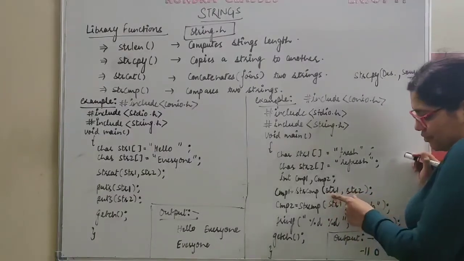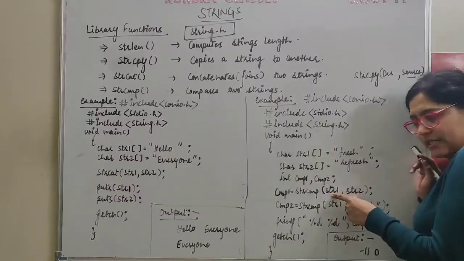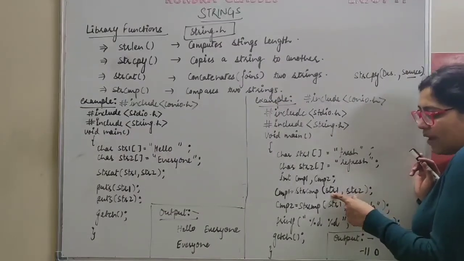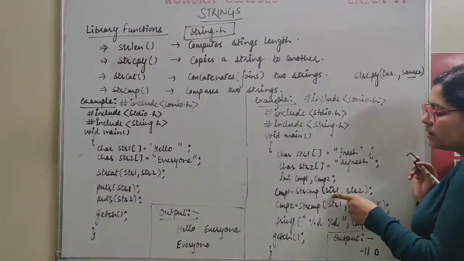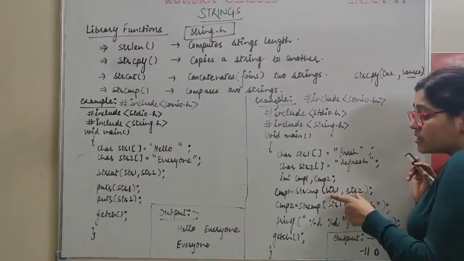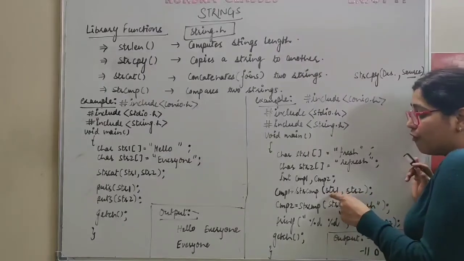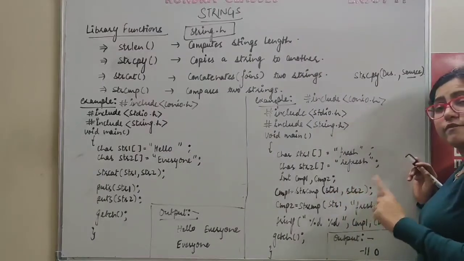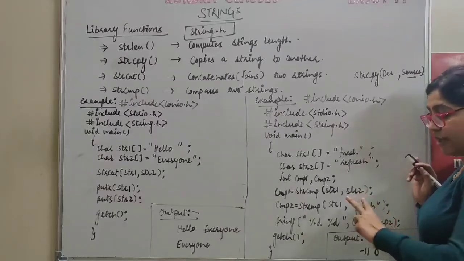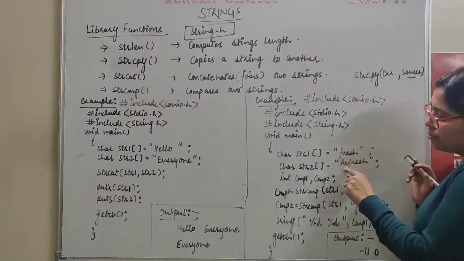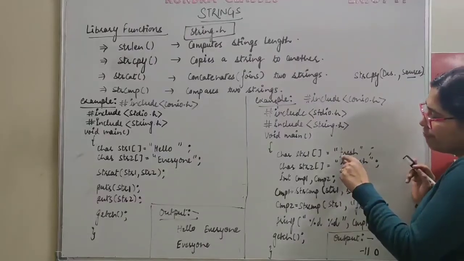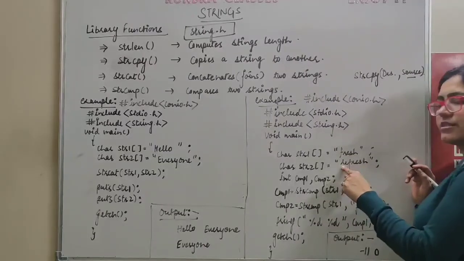If strings are matching, it will return 0 as an integer value. If strings are not matching, it will return the difference of the ASCII values of the first characters which are different in both the strings. For example, in these two strings, the first character is different.